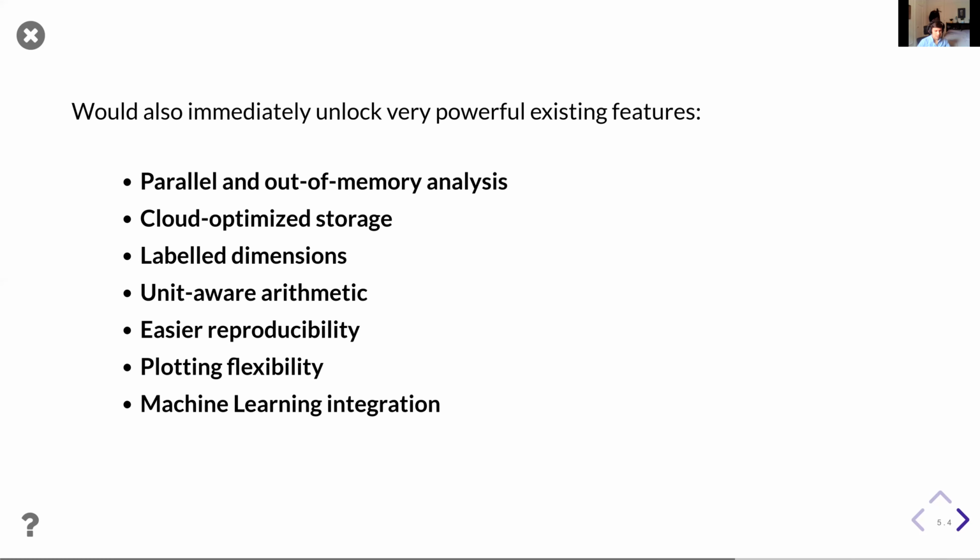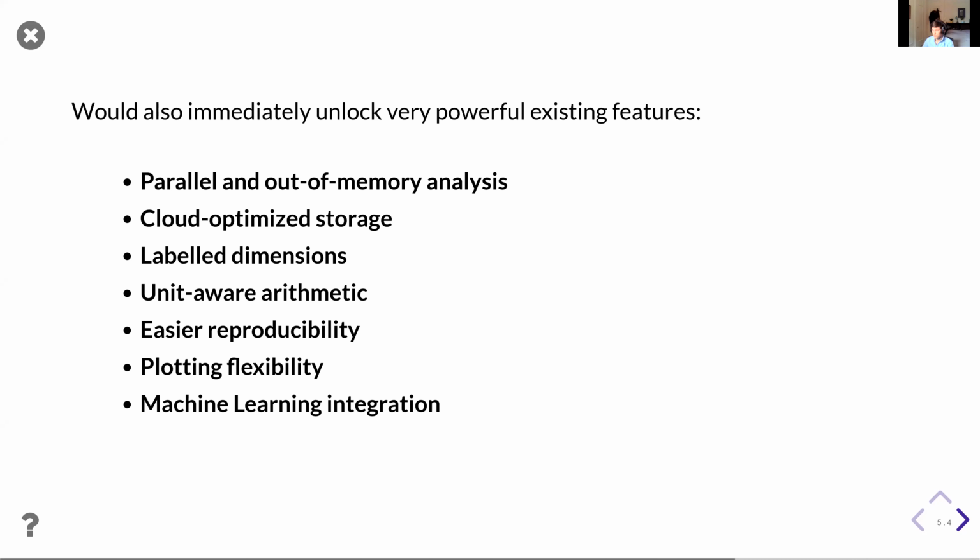If we created our own packages in a way that we could plug in to the parts of this ecosystem that would be useful for us, we'd get some immediate and very large wins. Dask in particular is an incredibly powerful library providing parallel and out-of-memory analysis.